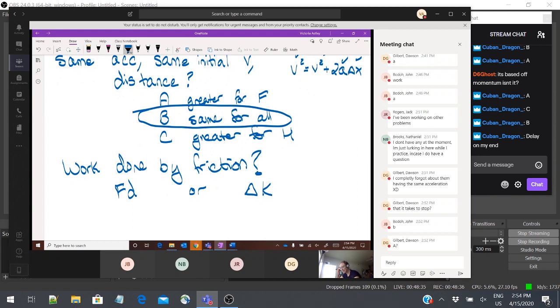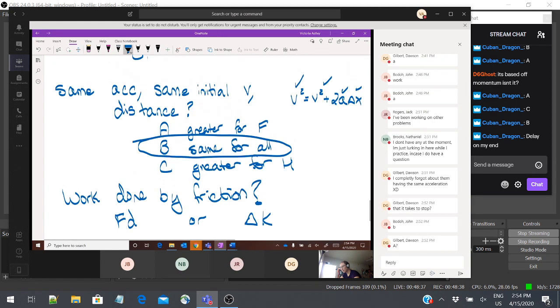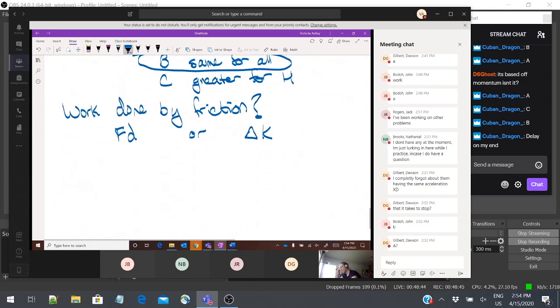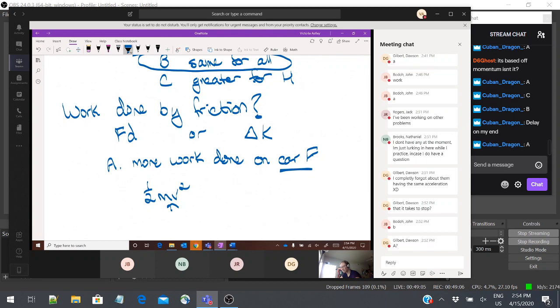So if d is the same for all of them, but F is bigger for F, then that means more work done on car F. Same thing for delta K. If they all have the same v, the one with the greatest mass will have the greatest change in kinetic energy. So it would again be car F.